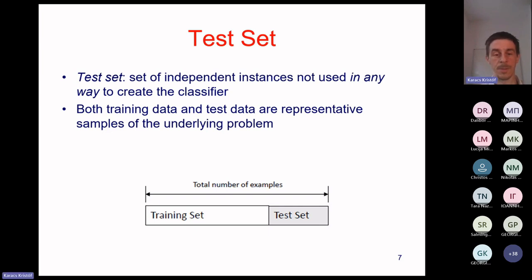And of course, if we are talking about supervised learning, then this also has to have labels similarly to the original set.